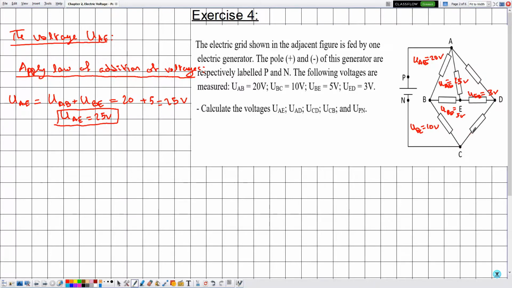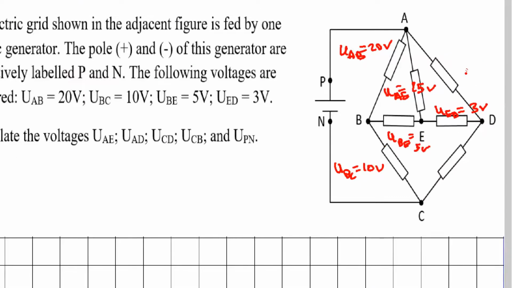So now here, the aim of this exercise is to determine the voltage across different electric components. So notice that now because we have determined the voltage across A and E, we are expected to be asked about the voltage AD because now this is a closed loop. Later on they will ask us about the voltage UCD because across this loop we know all the voltages.